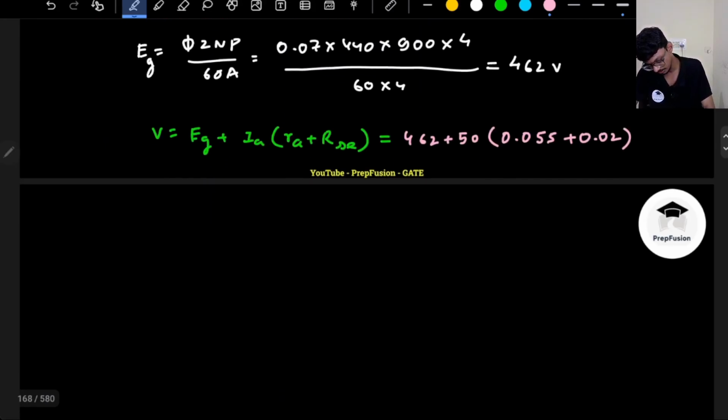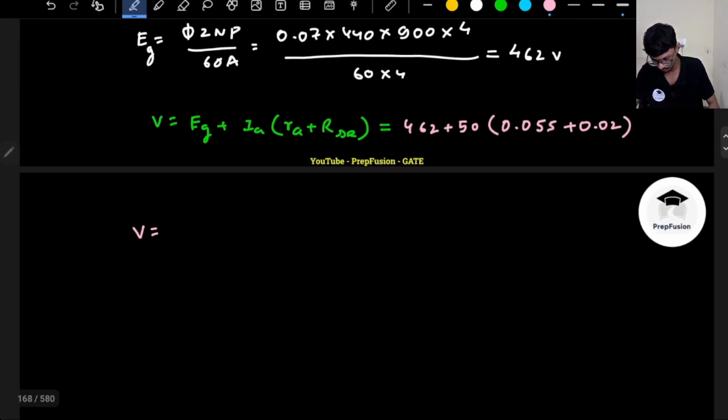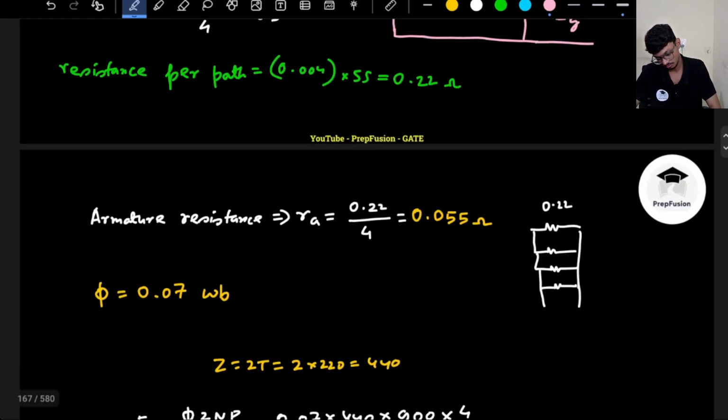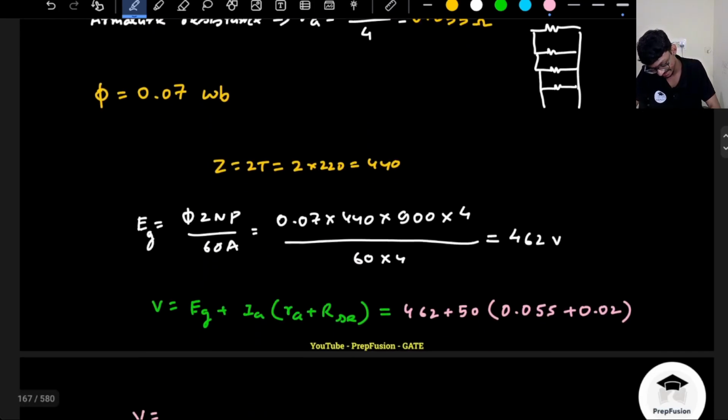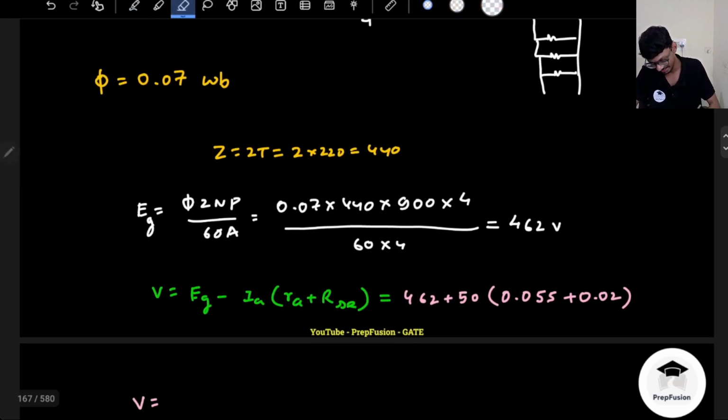So 0.055 plus 0.02 into 50 plus 462, this will be 465.75. Sorry, what am I doing, how am I adding it? I have also forgotten the key. This will be negative, right? Sorry about this. So minus 3.75, so 458.25.